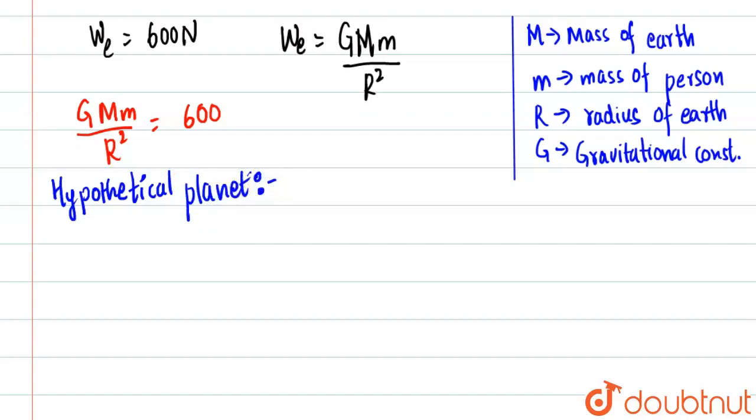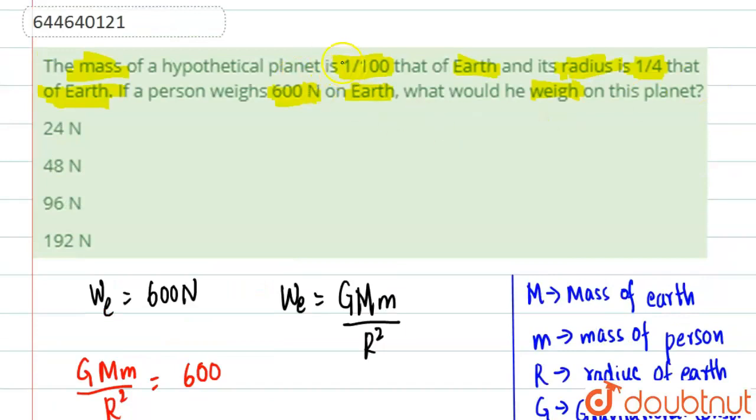The weight of the person on the hypothetical planet will be equal to G into M by 100. Why am I taking M by 100?